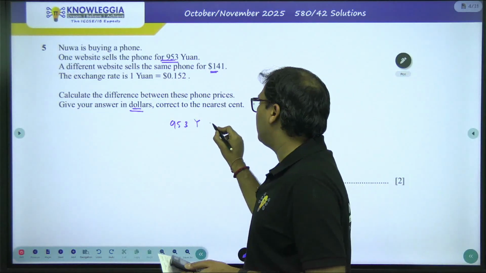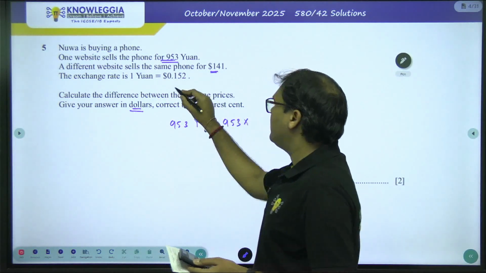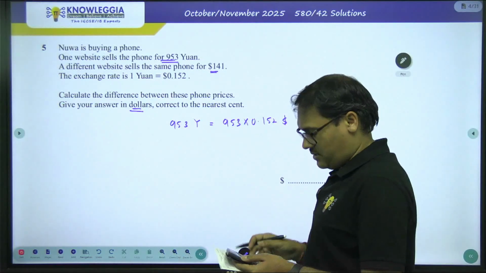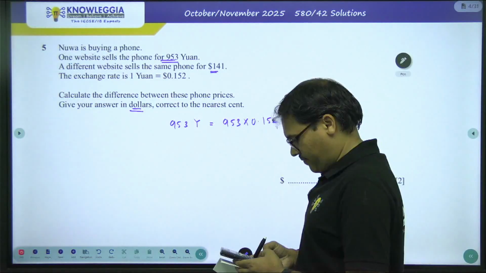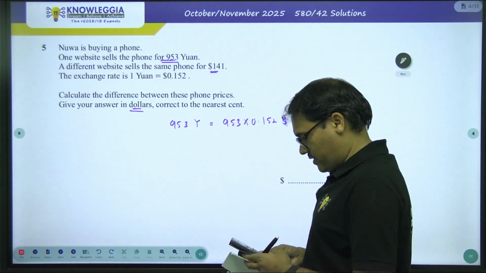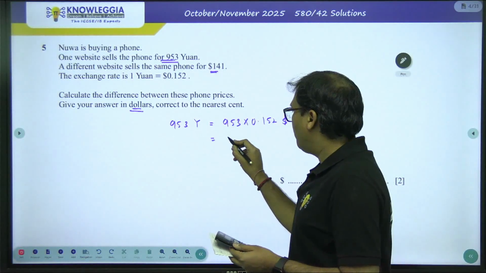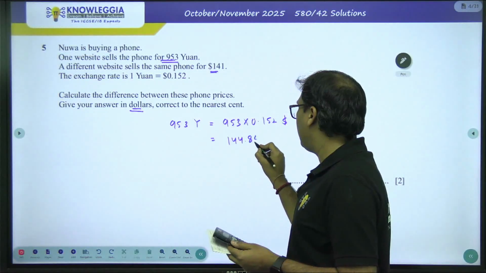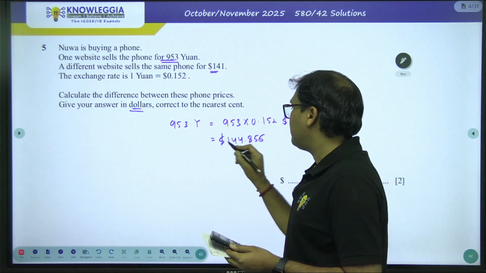So what is the price? This is 953 multiplied by 0.152, which is 144.856 dollars. This is the price in dollars.